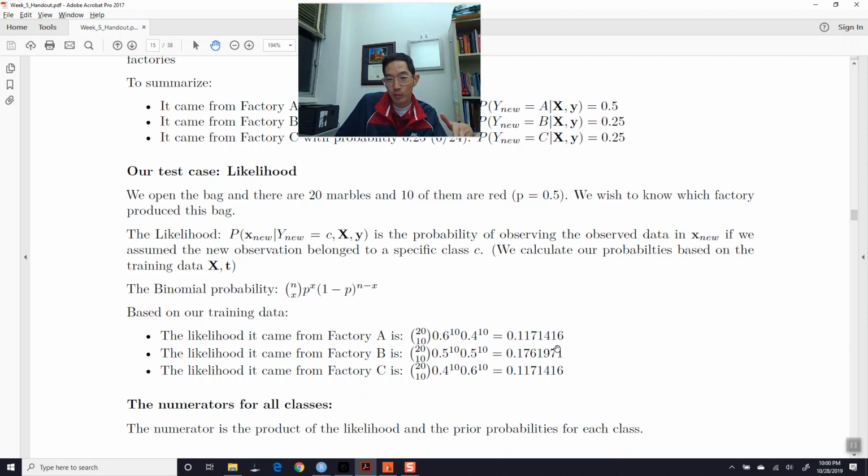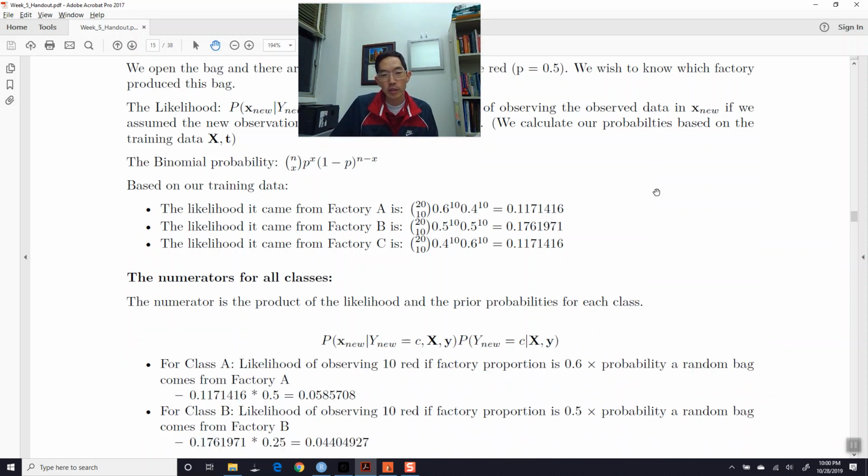So we want to balance this and say, okay, factory A has this likelihood and this prior probability. Factory B has this likelihood and this prior probability, and factory C has this likelihood and this prior probability. And so we're going to multiply them all together and compare them, all right?